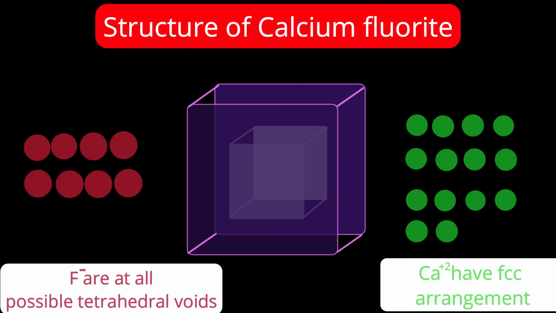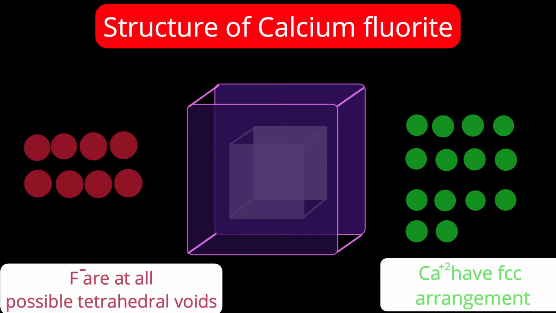Now what I am going to do, pay attention here, the green colored calcium ions, which are smaller in size, I'll put in an FCC arrangement in the large cube, meaning at each corner and each center of face there will be the green colored calcium ions.